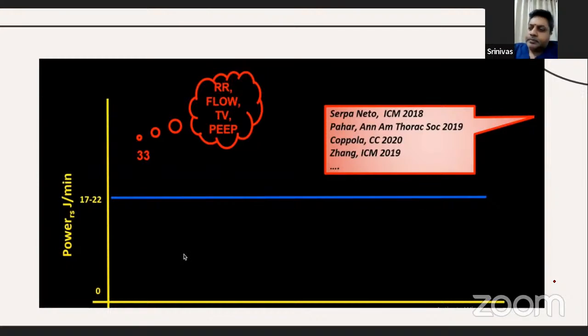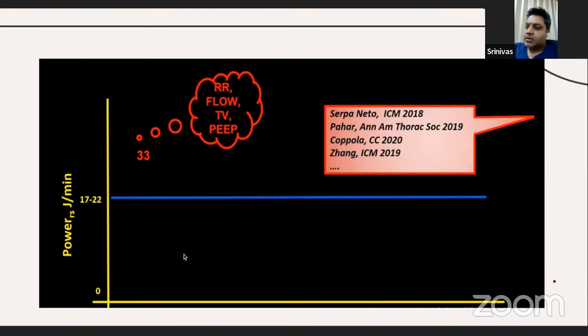The other game changer is mechanical power. Now, we all understood from the COVID pandemic that patient self-induced lung injury is a real entity, and it has always been a phenomenon, but probably we didn't realize it. And there, the mechanical power is a contributing factor, and the respiratory rate at which we ventilate patients is an important determinant of the ergotrauma that happens to these patients.